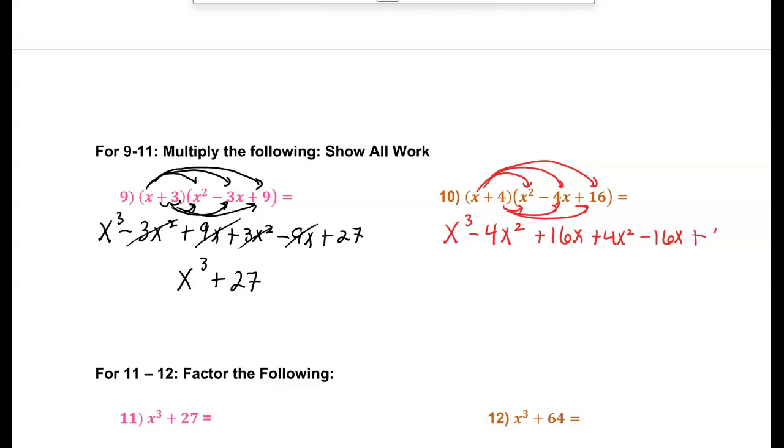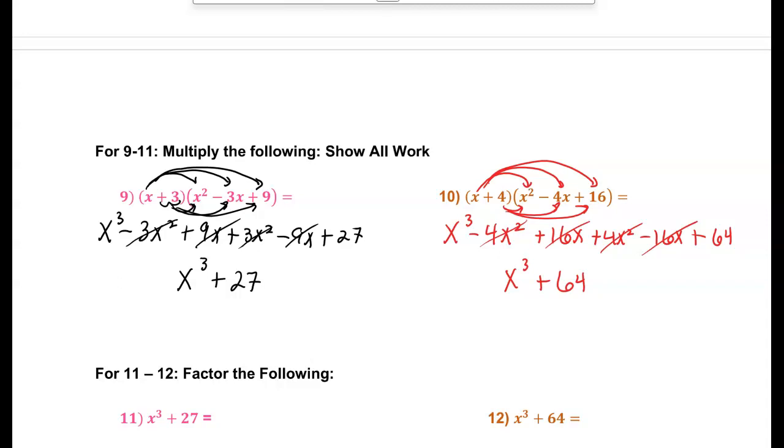What is it? 64. Right on. And then do we have the same thing where all these middle lovely terms simplify out to zero, so we don't need them, and we get x cubed plus 64.